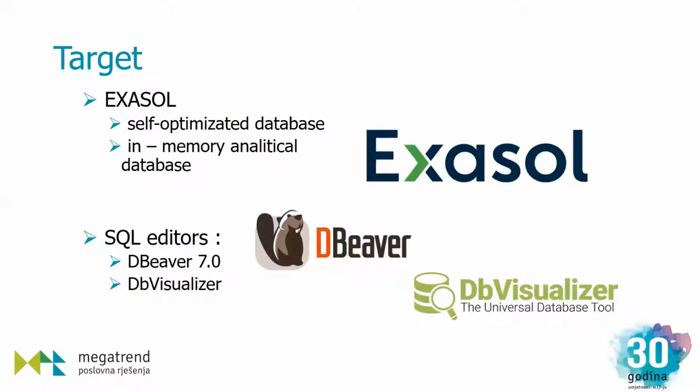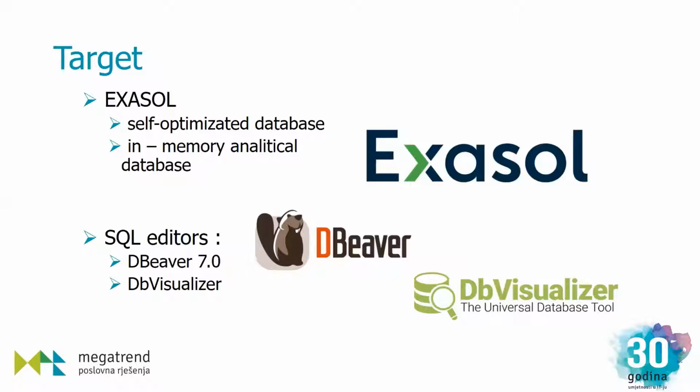As a target, we used the Exasol database. Exasol is a self-optimized database. Also, it's an in-memory analytical database. When we say self-optimized, it stands for some algorithms that optimize the queries in a database, so you don't need to take care about indexes and similar things.